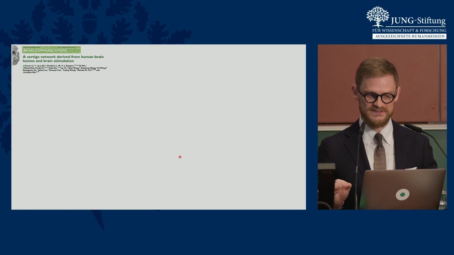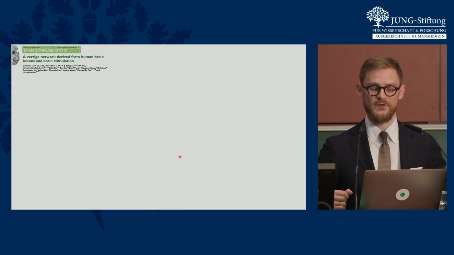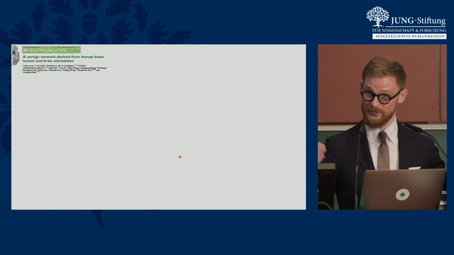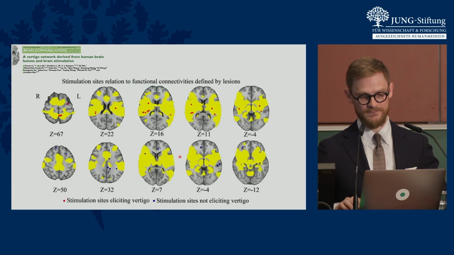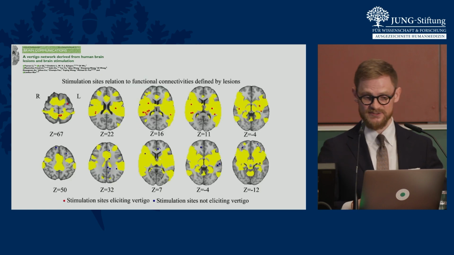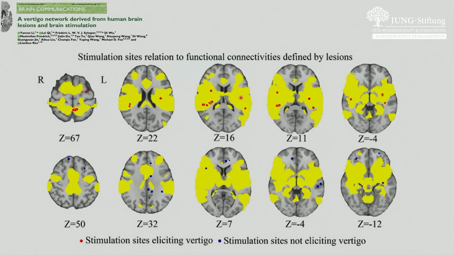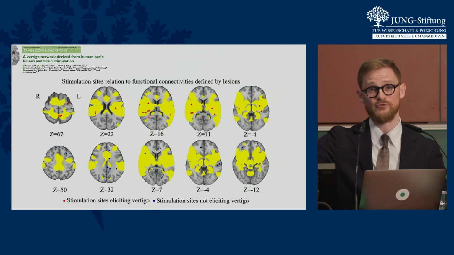So we hypothesized if our lesion network was really showing us what we thought, a sense of vestibular orientation in the cortex, the brain stimulation spots should align. And this is precisely what we found. So here in yellow you can see the brain network associated with lesions causing vestibular orientation problems. And in red you can see the tiny little electrode spots that in individual patients, when stimulated, cause the same problem.